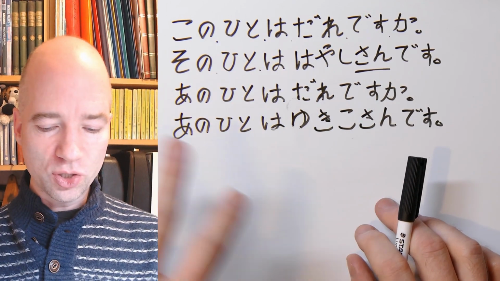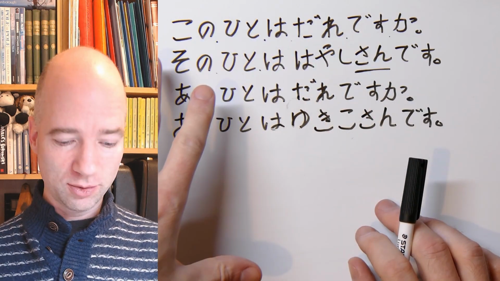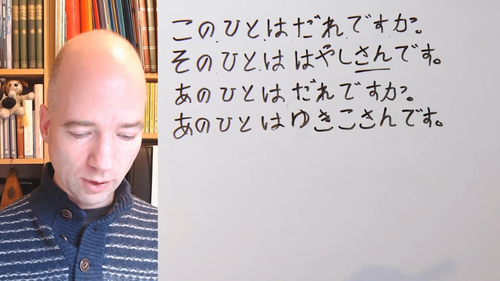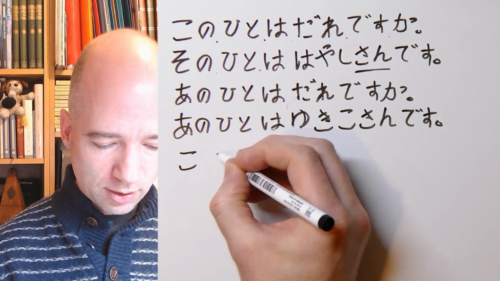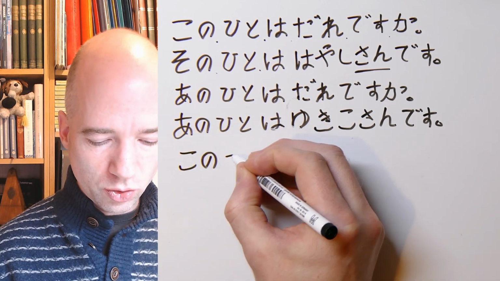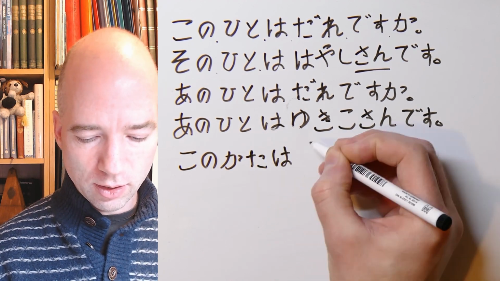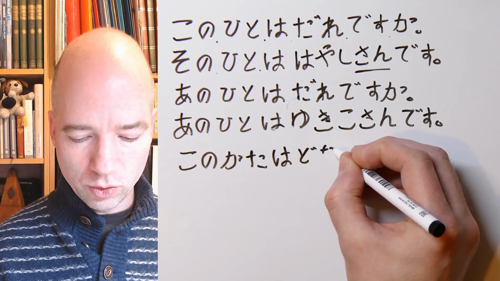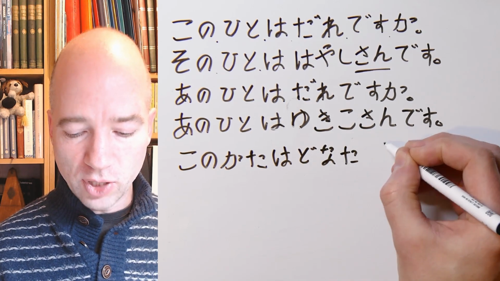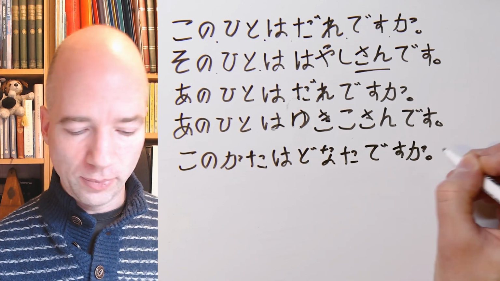So even if you're talking to your friend now about these people you're asking about, you could envision something like この方はどなたですか?